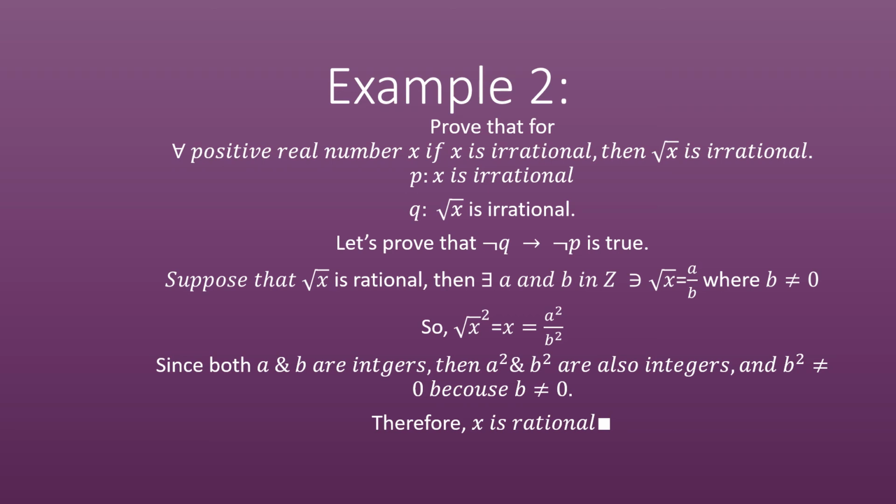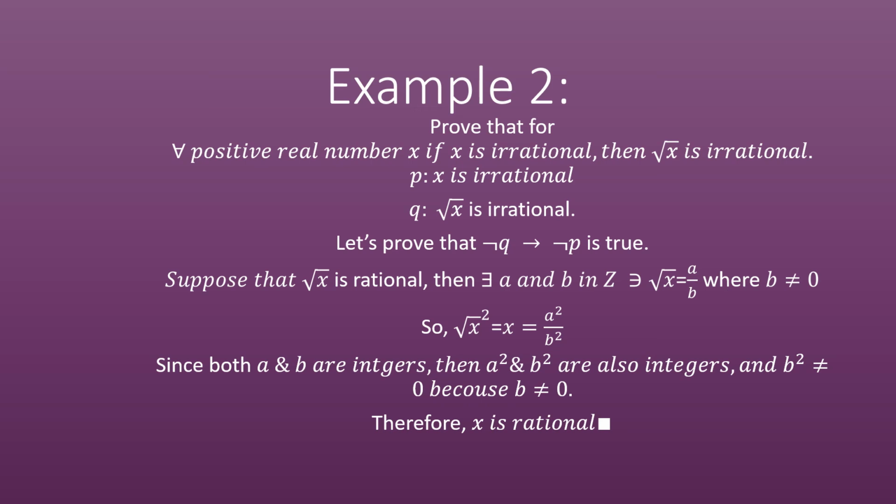So suppose the square root of x is rational. So that means there exist two integers, a and b, such that the square root of x can be expressed as a over b, and b is not equal to 0, of course, because it is in the denominator.